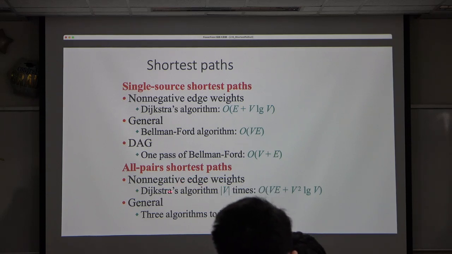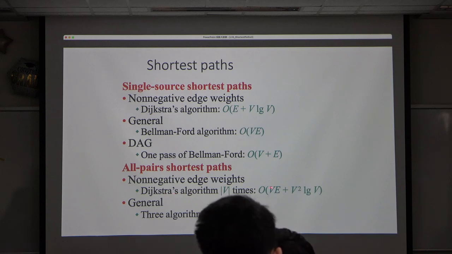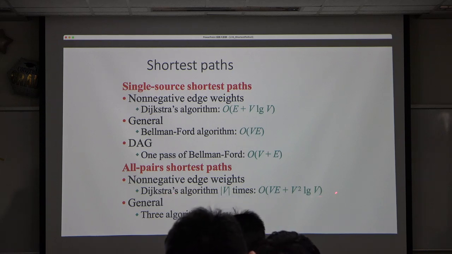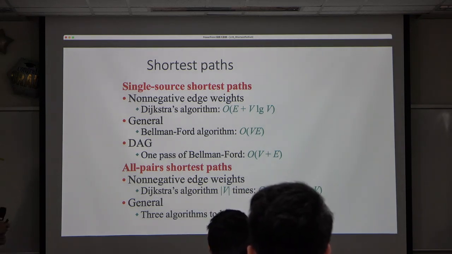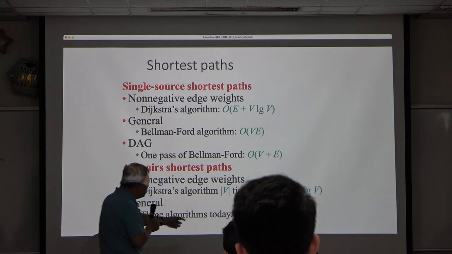If you're able to use Dijkstra's algorithm, you see this one is still better than n cubed. This V times E, you say, oh, VE is pretty much n cubed. Well, I cannot say you are wrong, but it depends on what your graph is.